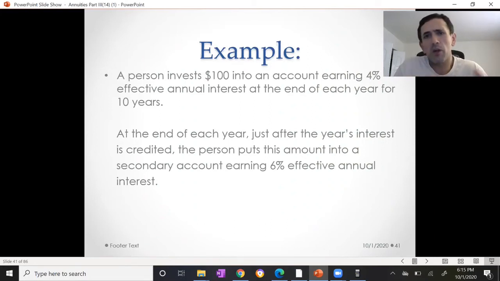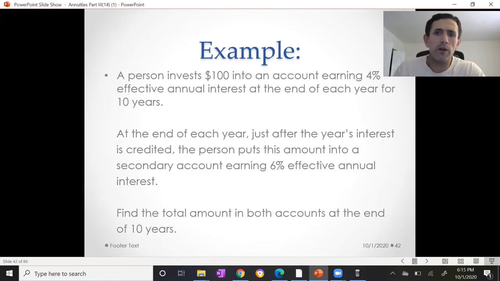So you might think, well, okay, I'll be willing to take some risk with the interest that I'm getting each year, but I still want my principal amount to just stay in this account earning, this CD or whatever. Probably not going to get a CD with 4% now, but whatever account, that much safer account earning less interest. Okay, so what's the total amount in both accounts?